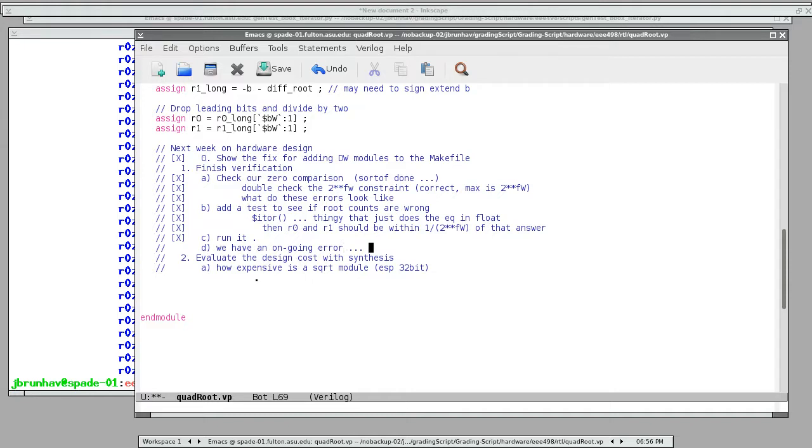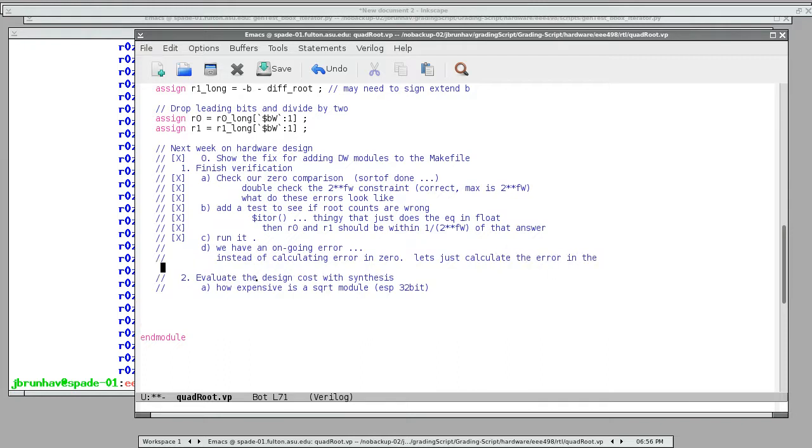So instead of calculating error in 0, let's just calculate the error in the root itself.